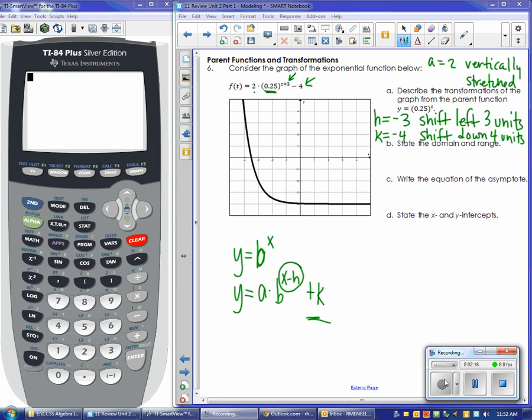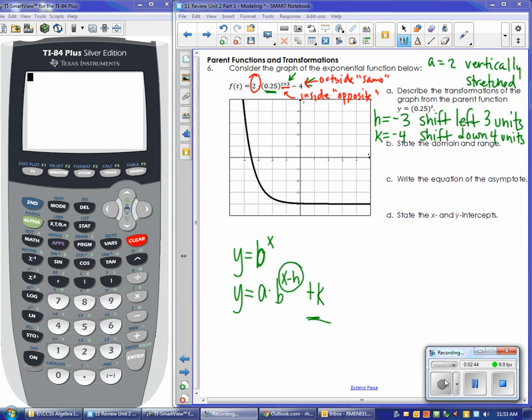Now, you don't have to actually identify the values of a, h, and k, but you do need to recognize that the 2 in front is going to stretch the graph vertically. If the quantity says t plus 3, it's actually shifting us in the opposite direction. So remember, inside, opposite; outside, same.